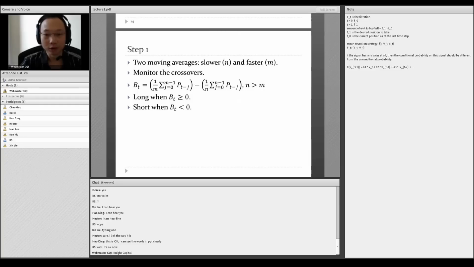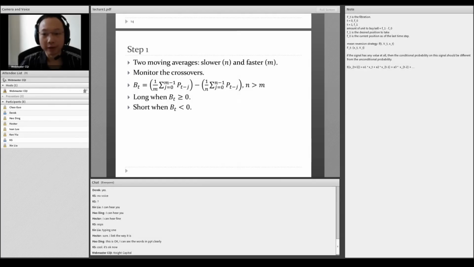The first term sums up the last m prices and divides by m, where m is the faster moving average length. So the first term is the faster moving average, and likewise this term here is the slower moving average.